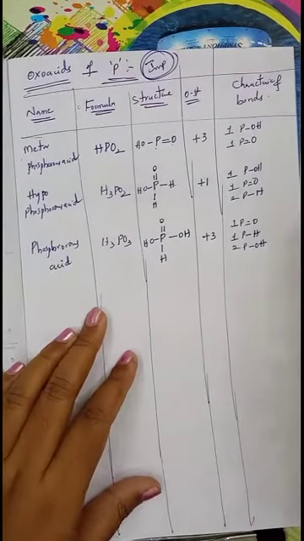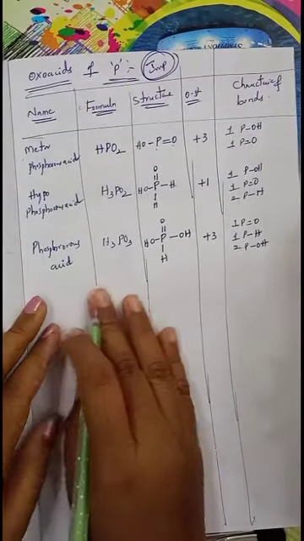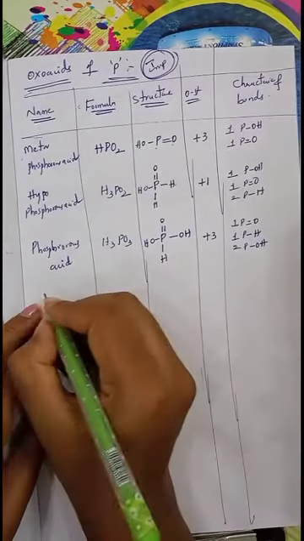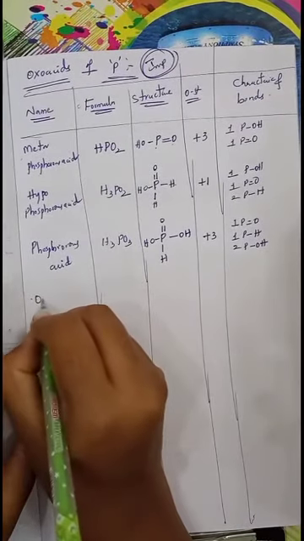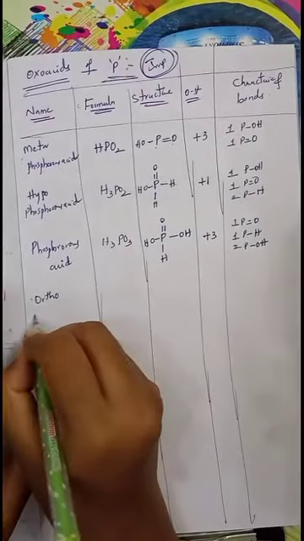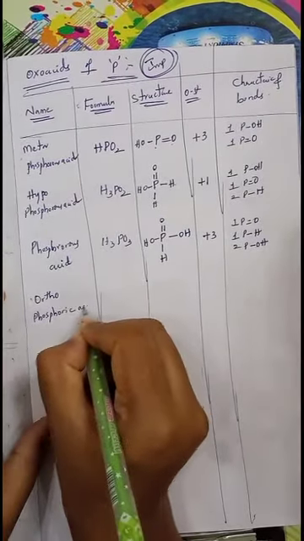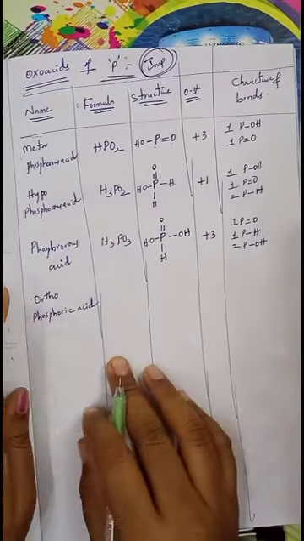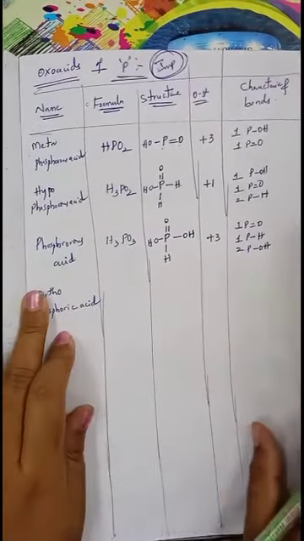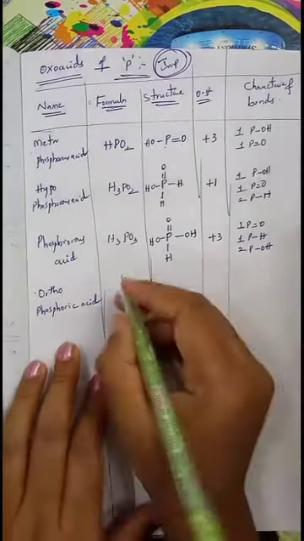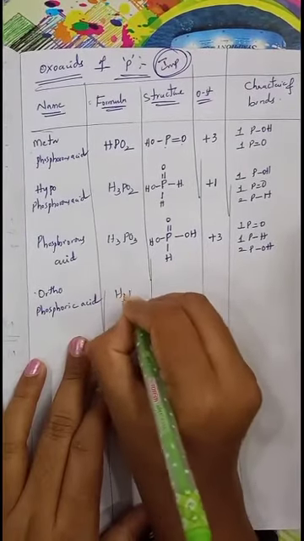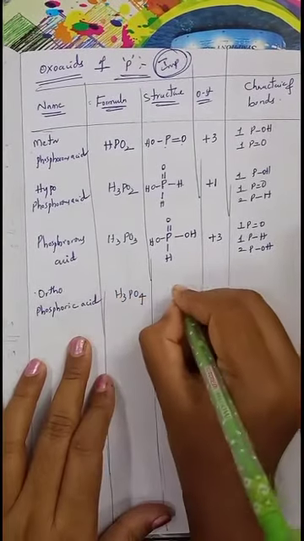Now another type of oxoacid is orthophosphoric acid. This is phosphoric acid, remember, very important concept. Orthophosphoric acid formula H3PO4. Central atom phosphorus.